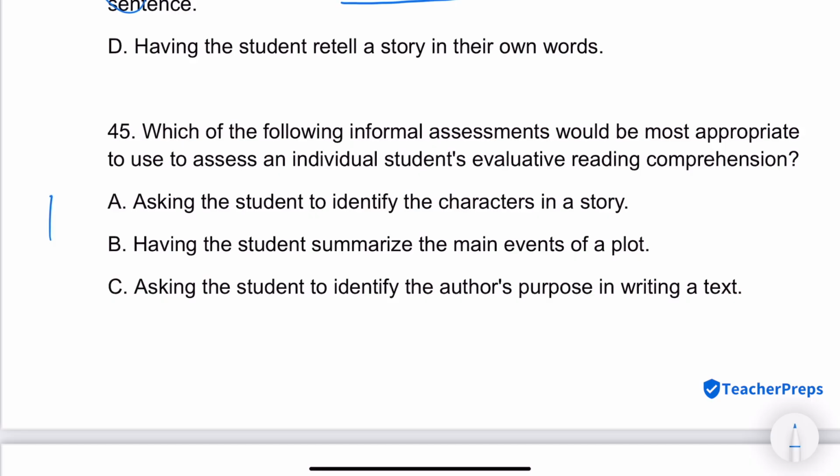All right. So again, evaluative reading comprehension. And so there are different types, different levels of comprehension. Evaluative is a higher level skill that requires our students to make judgments and form opinions. And asking a student how they feel about a character's action forces them to evaluate those actions and also support their opinion.